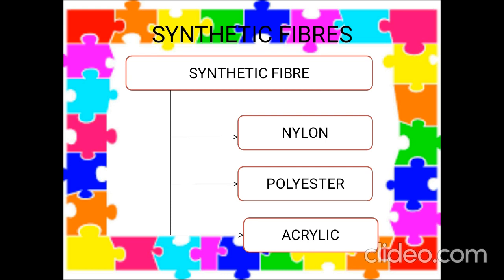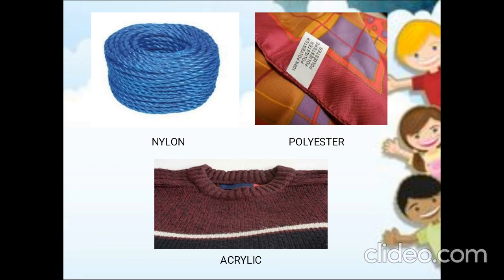Then we saw about synthetic fibers. The synthetic fibers may be nylon, polyester, acrylic. These are used in similar ways as cotton and wool. Because of their cheaper rate, these fabrics are used by people in large numbers, right? Nylons are lightweight, strong and durable, and insect resistant.